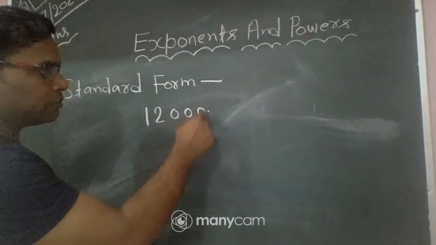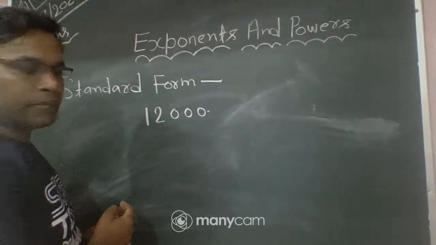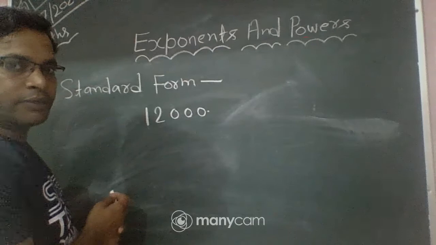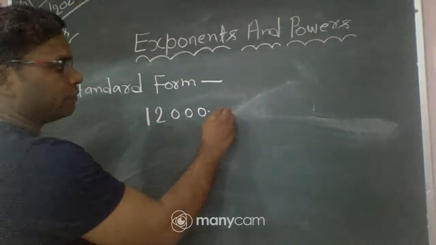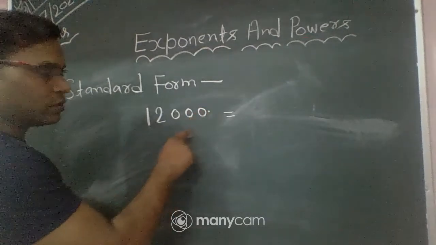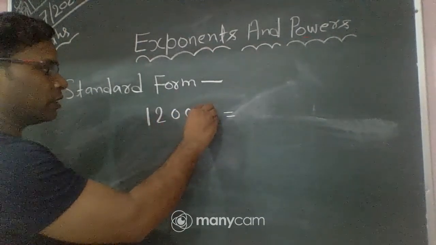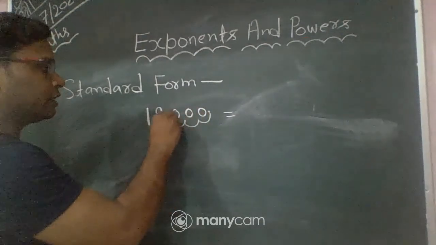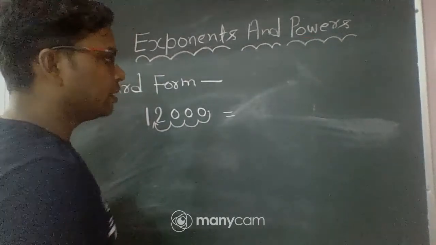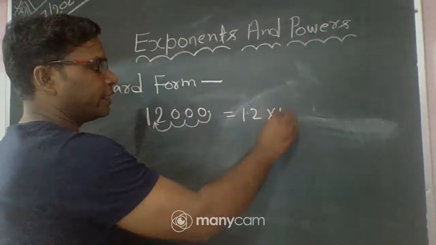So we move the decimal point to the left until one digit is left. One digit, two digit, three digit, four digits to the left side. So we can write it as 1.2 into 10 power.